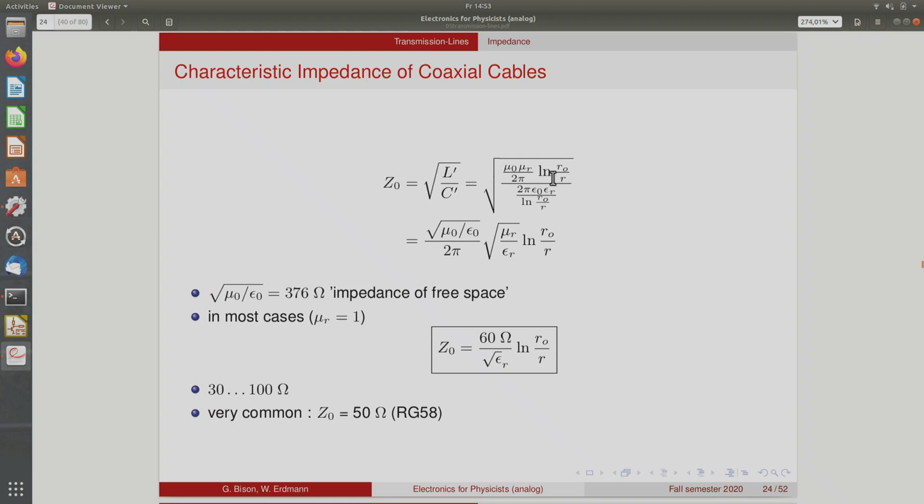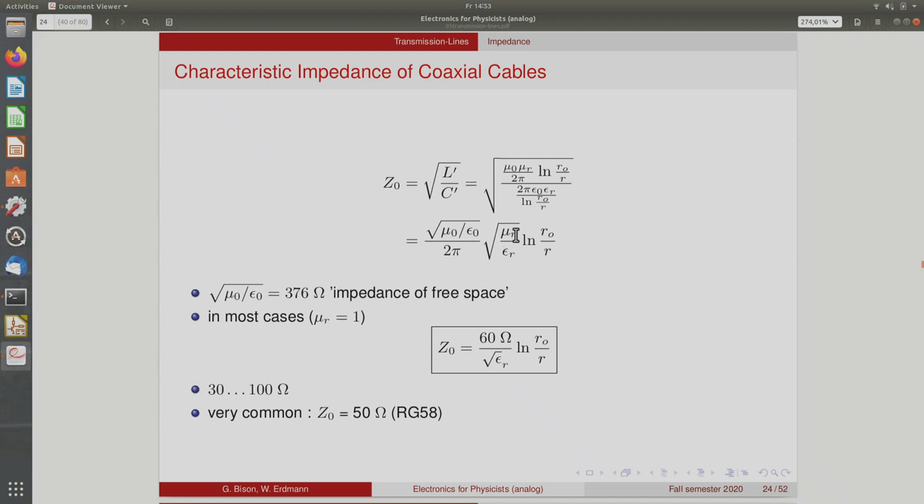We have the square of the logarithm in the square root, so we pull it out. The factor independent of the cable properties has the unit of resistance, and it's called the impedance of free space. It's not terribly significant. It's just a combination of constants of nature.